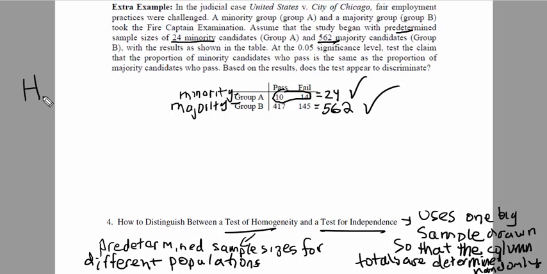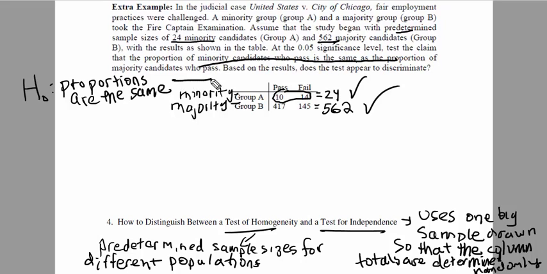So H0 is going to be that the proportions are the same. The proportions of minority and majority candidates who are passing this test is the same, meaning that the test does not discriminate.